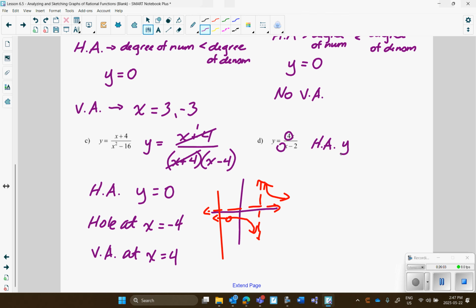So the horizontal asymptote will be y equals 4 divided by 1 equals 4. I didn't cancel, so there's not any holes, but there is a vertical asymptote where x equals 2.